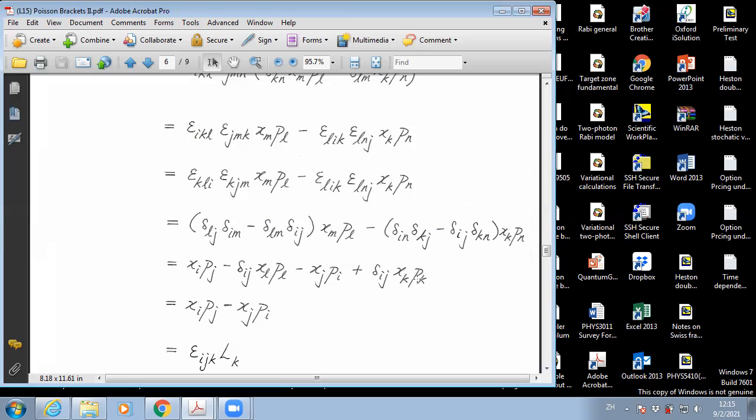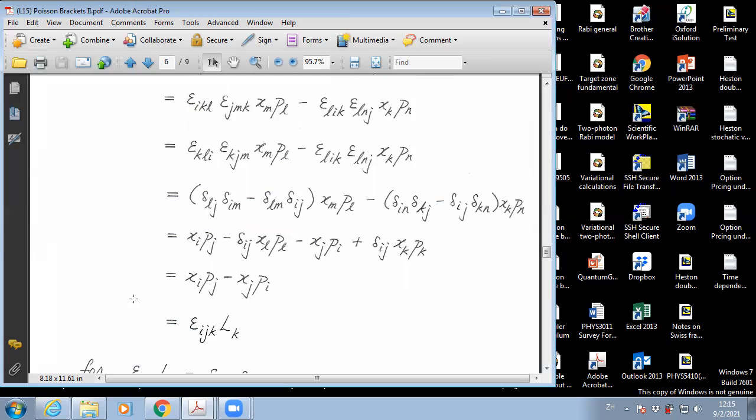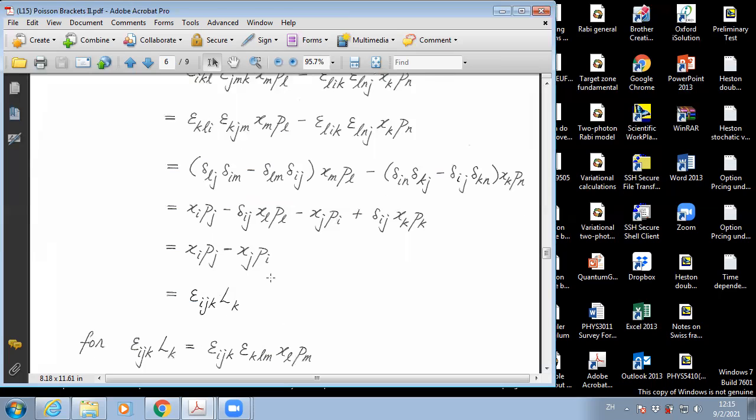Here, xk pk means r vector dot p vector. Same for here, r vector dot p vector, right? So these 2 terms cancel. Then we are left with this. By definition, this is equal to epsilon ijk Lk. Okay.